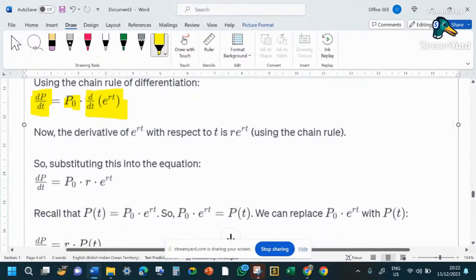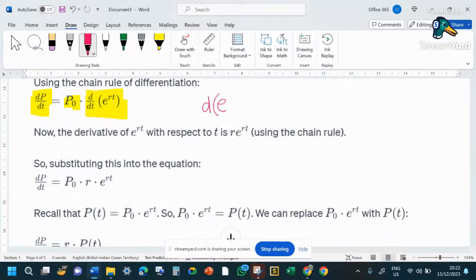Now, we know that the derivative of e to the u will be equal to e to the u times du over dx. All right.